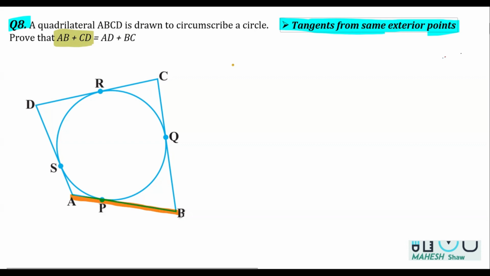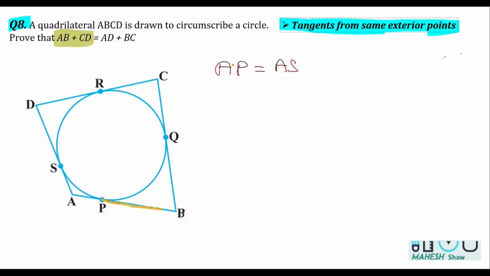Now check here, we can see that tangents from same exterior point are equal. So AP is equal to AS. That is what I'll write. AP is equal to AS. Now this part is done. Now let's talk about PB. What is PB equal to?